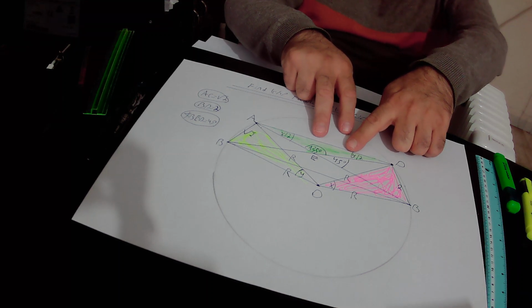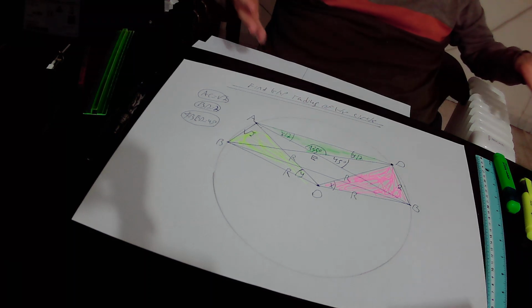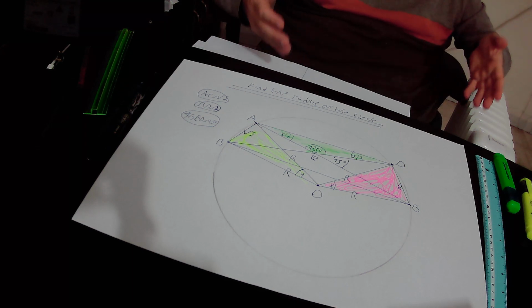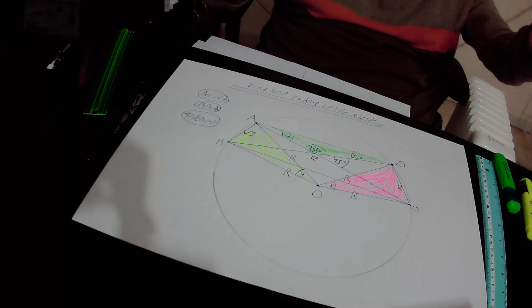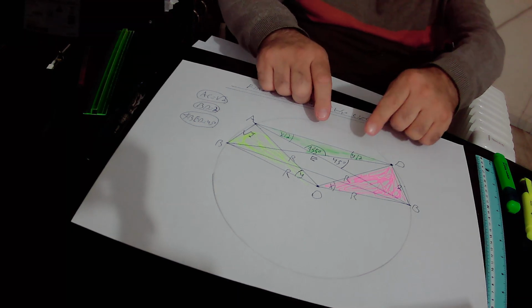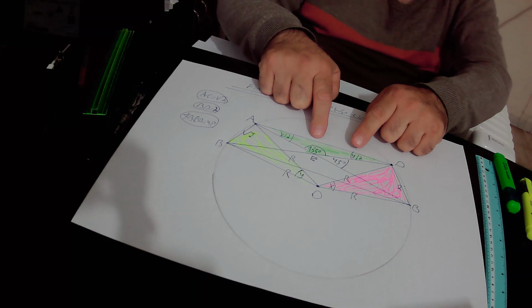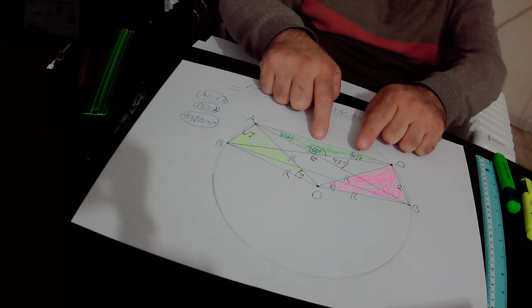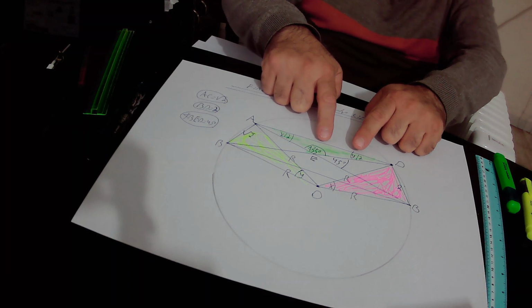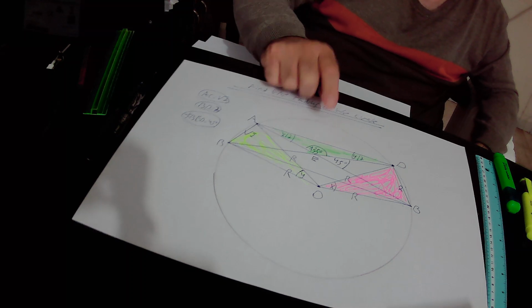The sum of those 2 angles must equal 180 degrees, according to the rule that the sum of the angles on one side of a straight line equals 180 degrees. So if this angle equals 45 degrees, the missing angle must equal 135 degrees.